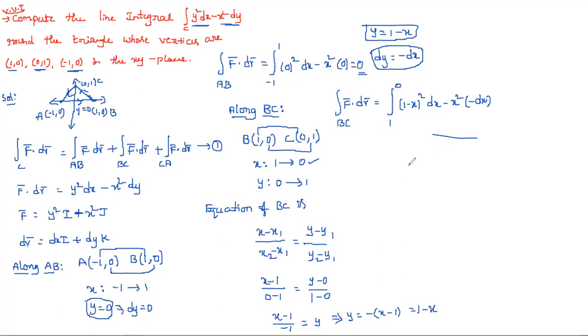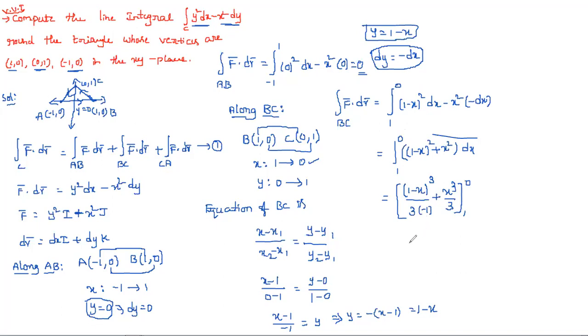So this is equal to the integral from 1 to 0 of (1 minus x) whole square, and minus into minus, plus x square dx. Now you can directly apply integration. The integration of (1 minus x) whole square is (1 minus x) whole cube by 3, and minus 1 plus x square integration is x cube by 3, between the limits 1 to 0.